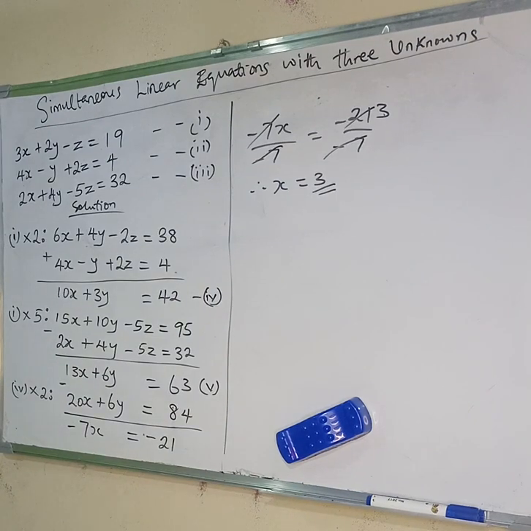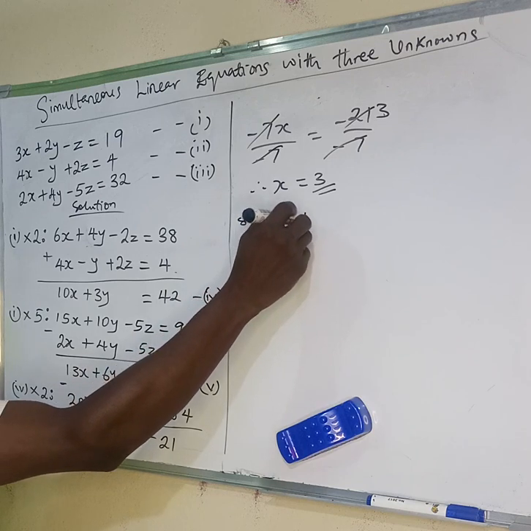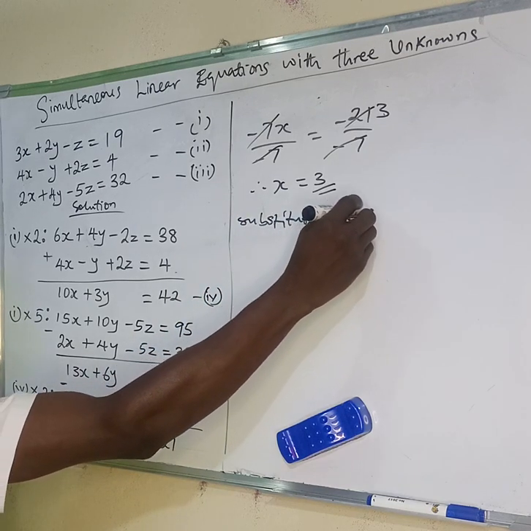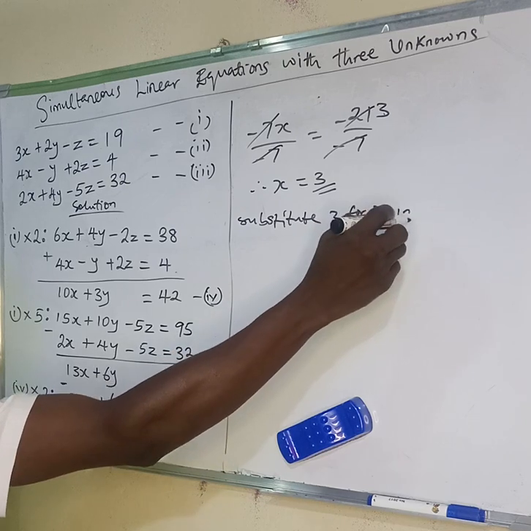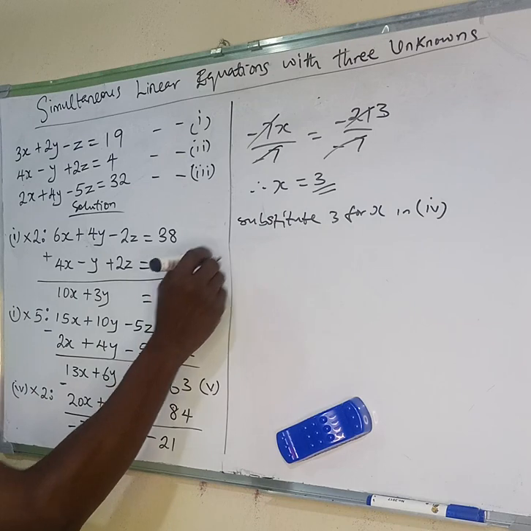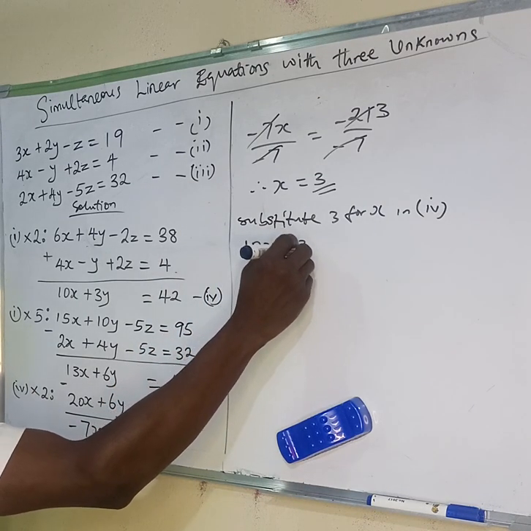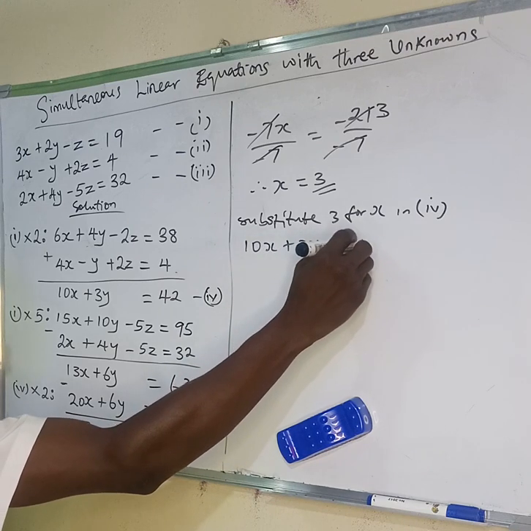Now we're going to substitute 3 for x into any of the equations that only has x and y. All right, so let's substitute 3 for x in equation IV. IV says 10x plus 3y is equal to 42.